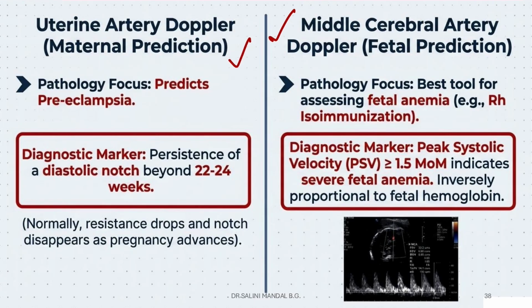For fetal prediction, the middle cerebral artery Doppler focuses on assessing fetal anemia. The diagnostic marker is the peak systolic velocity; if it is more than 1.5, it indicates severe fetal anemia.